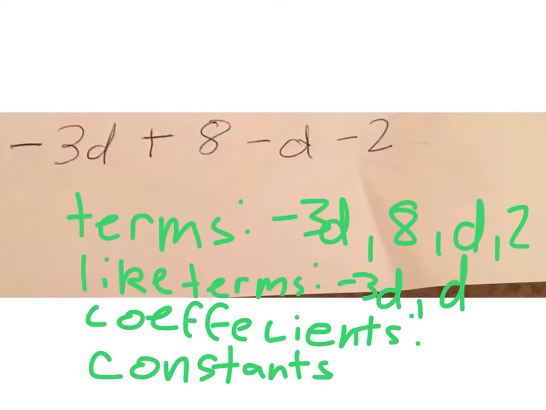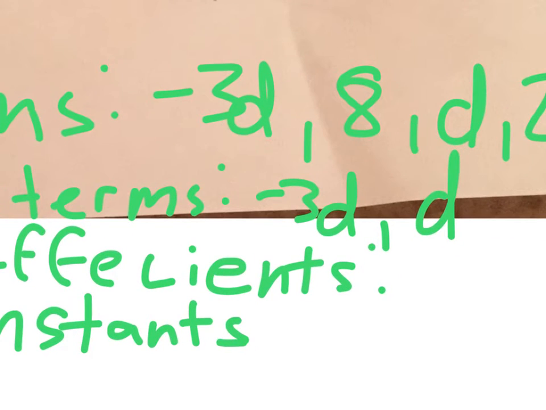And the like terms are variables, but negative 3d is the exception because it has a variable in the number, so that one is a like term. Then the coefficients would be 3 and 1.